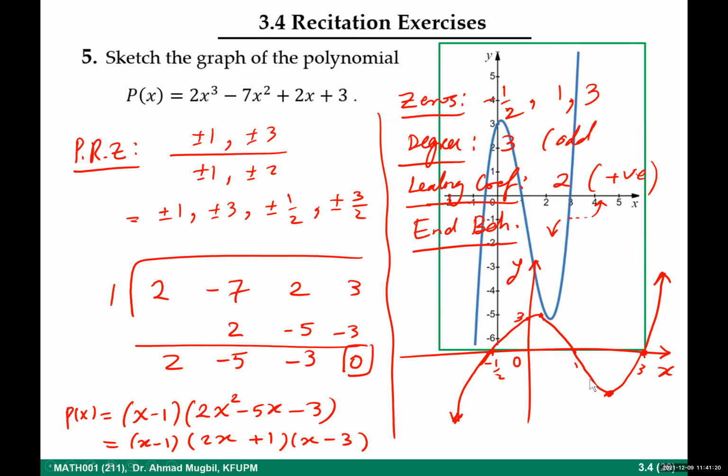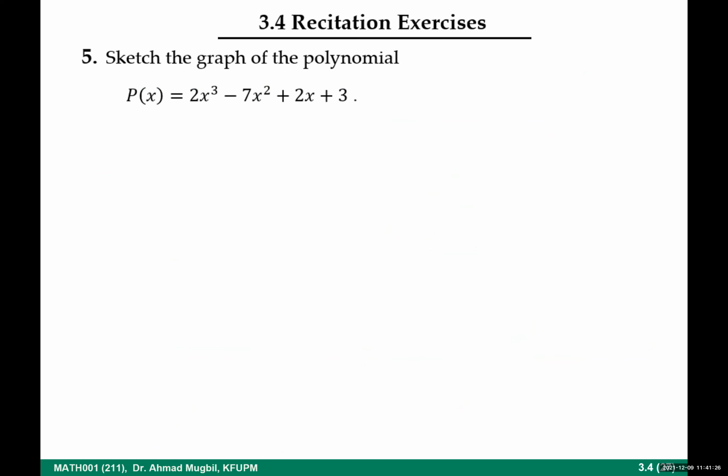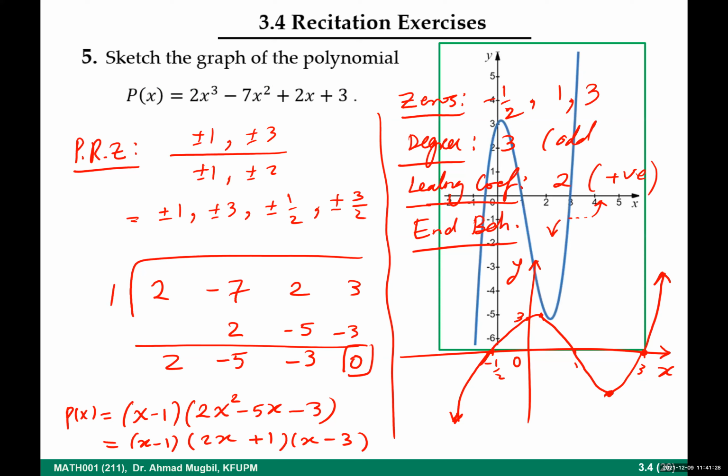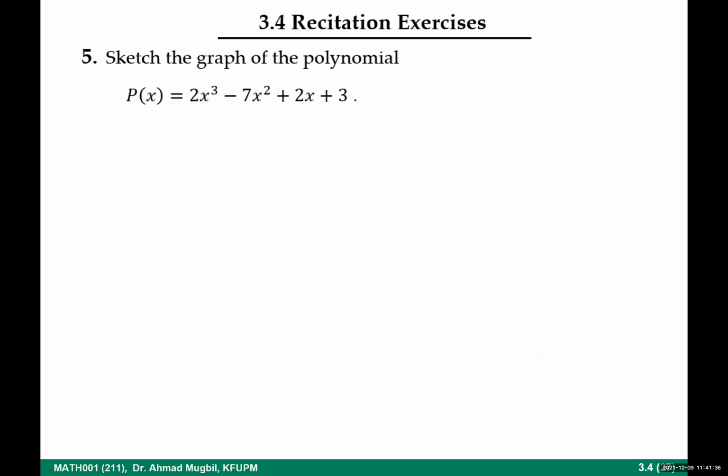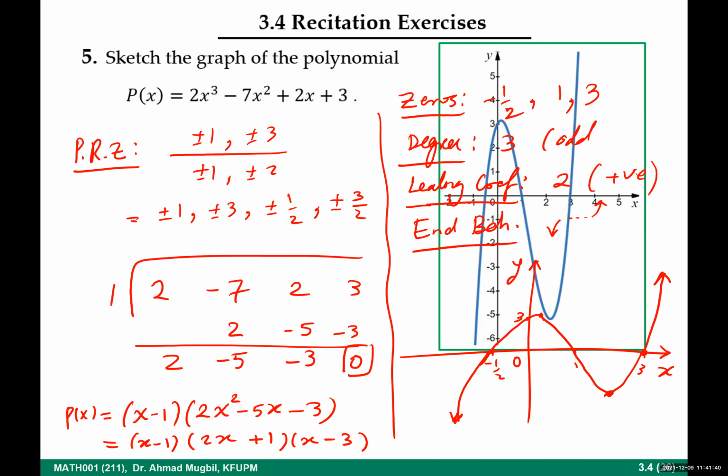Let me show you the graph. The graph is here. Unfortunately, it is not showing properly. I need to work on that again. Anyway, it is similar, almost the same as we did. At 2, the lowest point here is -5.